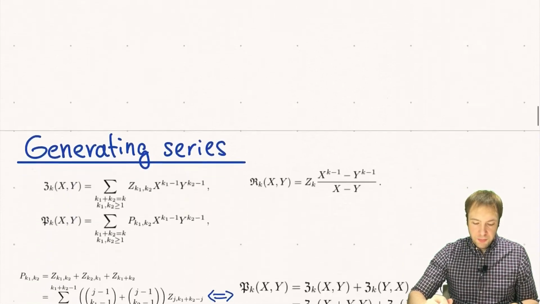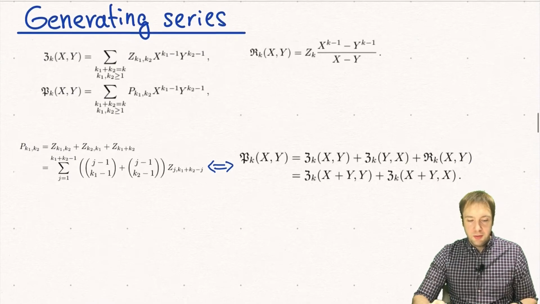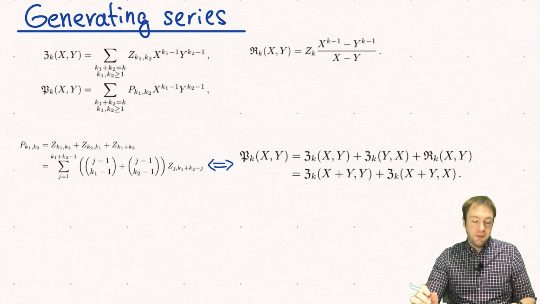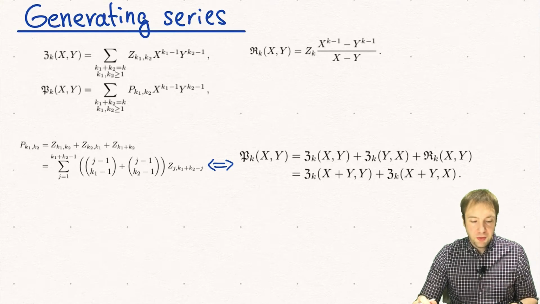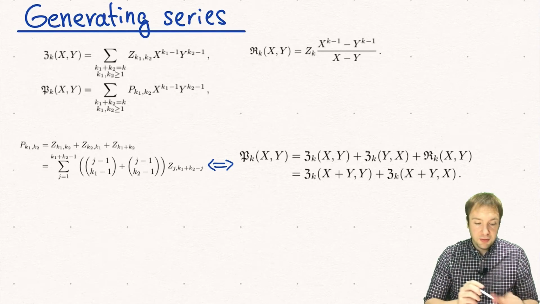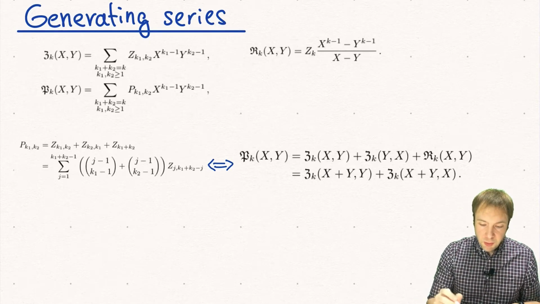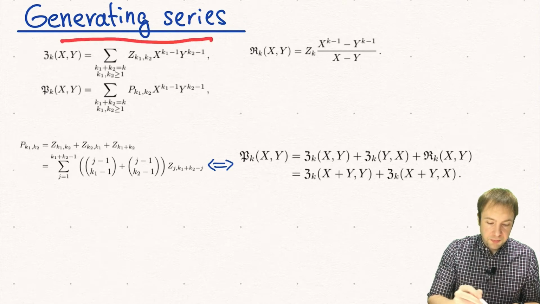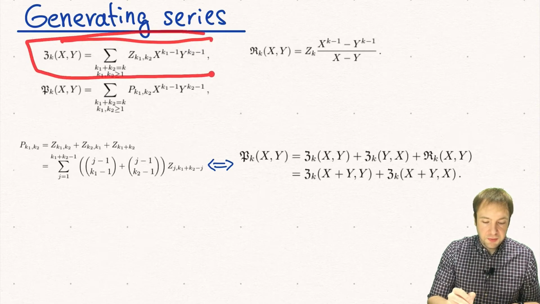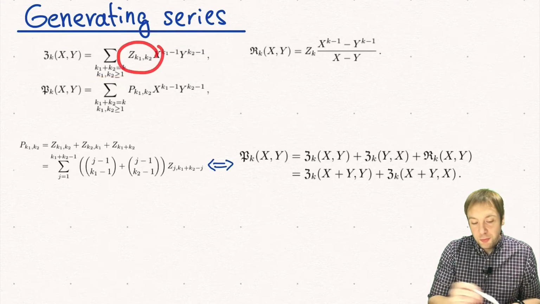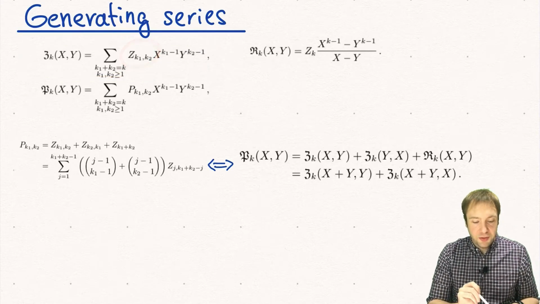Okay, so one way to work in this formal double zeta space is also to consider the generating series. So here we will now consider the generating series of these symbols Zk1, k2.